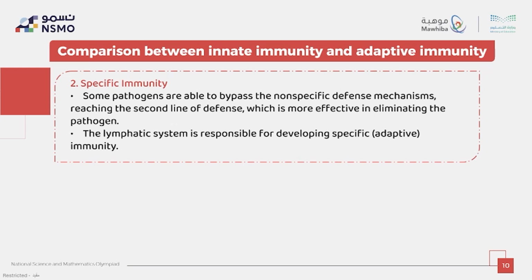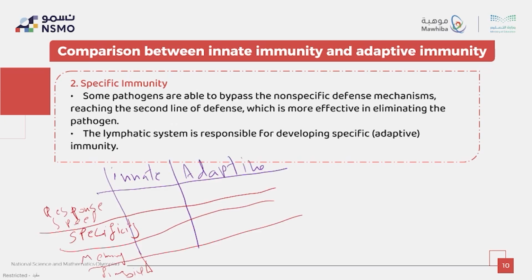And let's have a comparison between both the innate and adaptive. Okay, let's fill the table. Response speed in innate is fast, and in adaptive it is slow the first time.